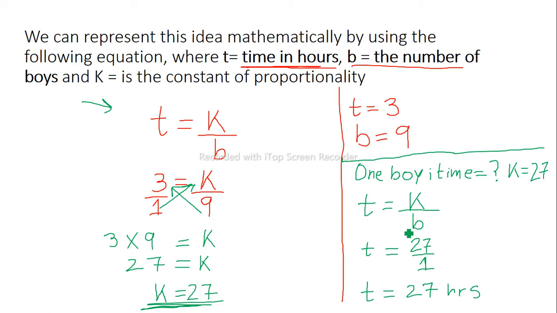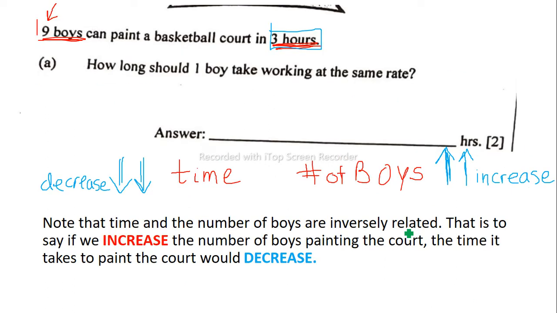So all you need to do is take the number of boys multiplied by the number of hours and divide it by the number of boys they give you. That's the easy way to think about it. That's why Kennedy suggested earlier, Mr. Petit, all we need to do is take the 9 times the 3 and divide it by 1, and that will give us the answer.